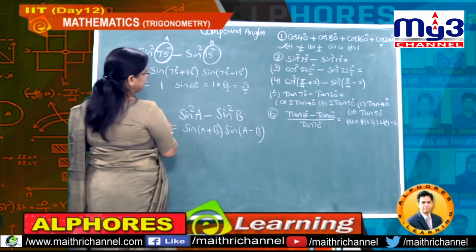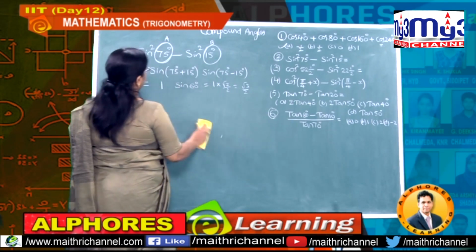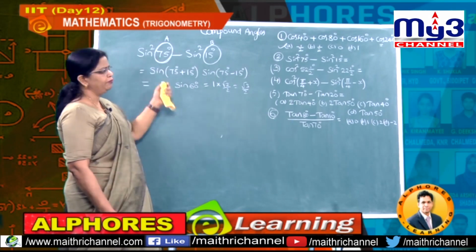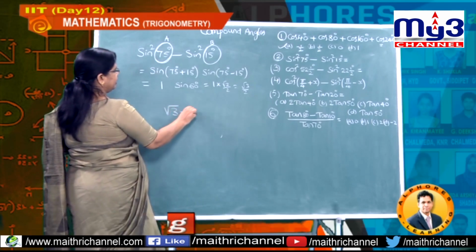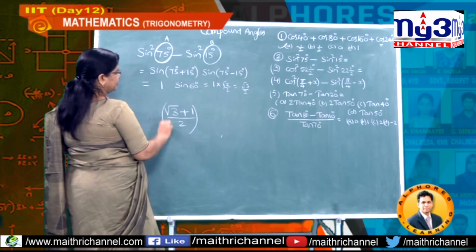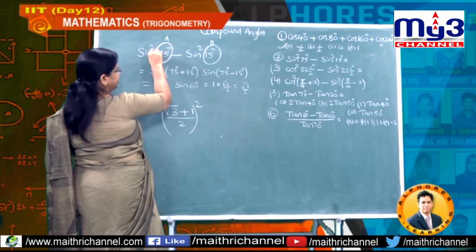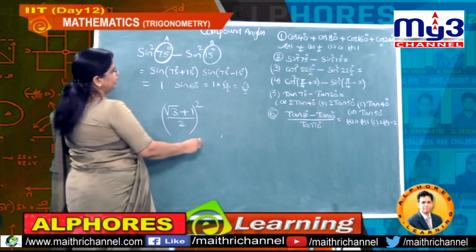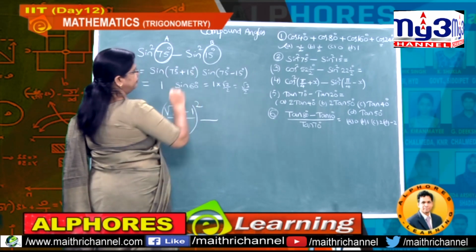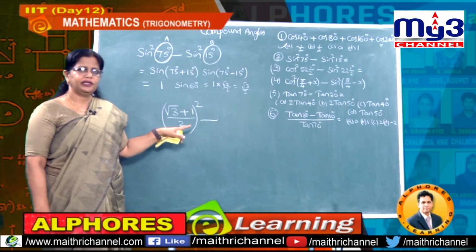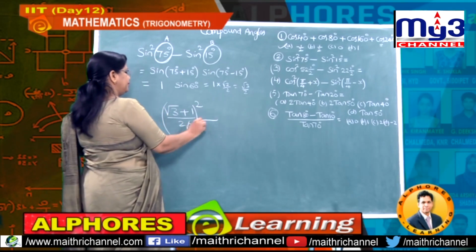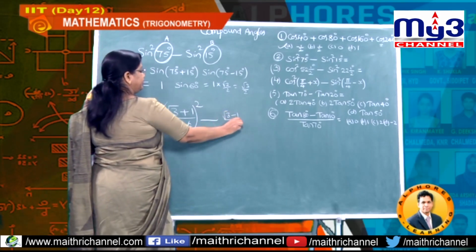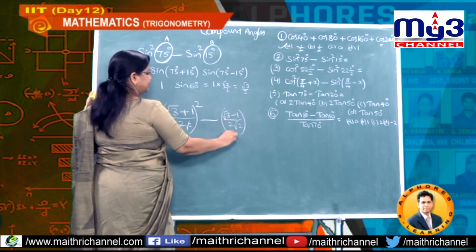And now students, suppose you substitute, what is sine 75 actually? Cos 15 degrees, and cos 15 degrees is nothing but root 3 plus 1 by 2 root 2, whole square, and here the square is there, so we took the square. And now minus sine 15 degrees. What is sine 15 degrees? Root 3 minus 1 divided by 2 root 2, whole square.